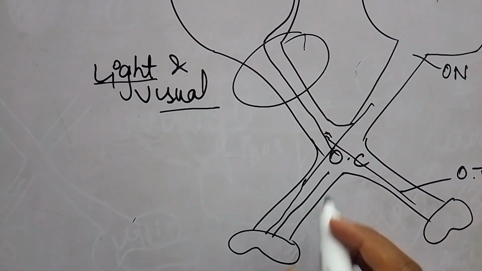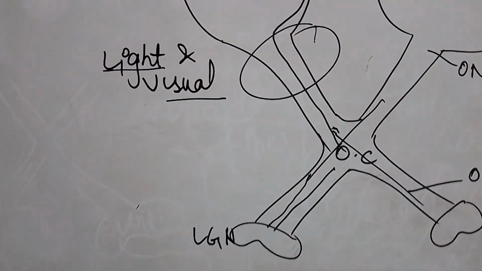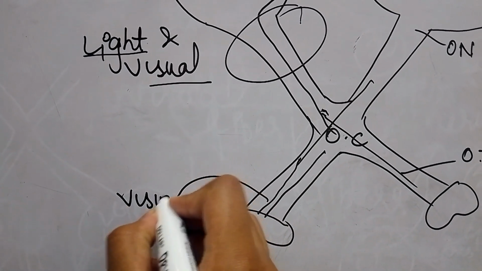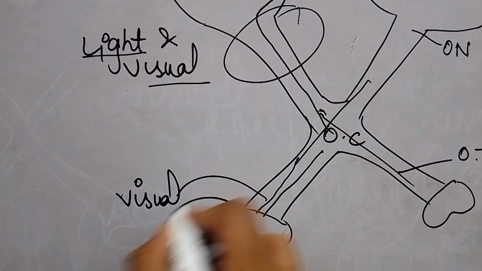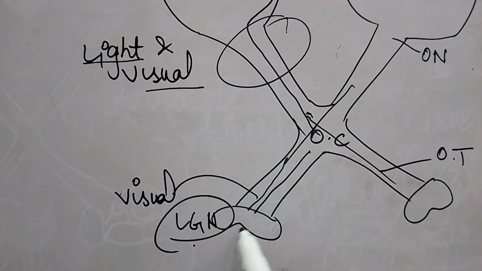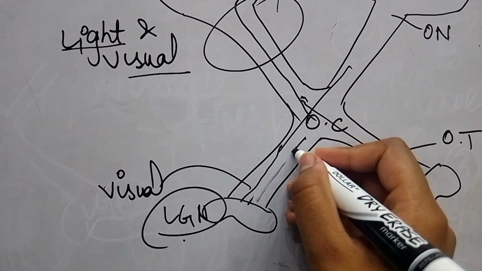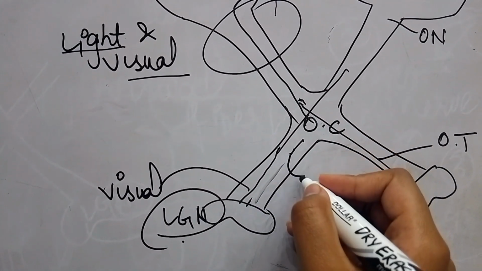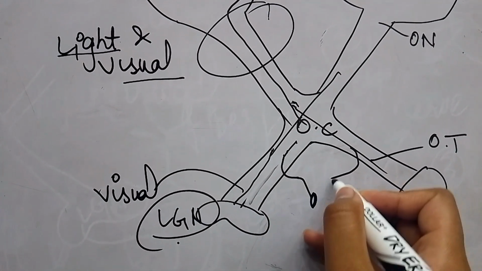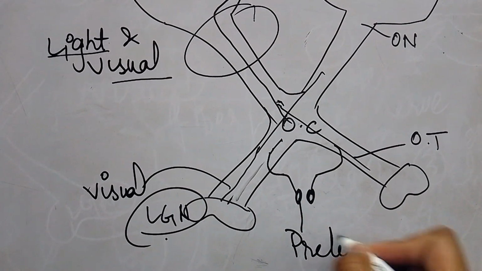But at the level of the lateral geniculate body, the visual fibers will travel towards the lateral geniculate body, but the light fibers will move to the posterior side, towards the midbrain in the pretectal nuclei, right?